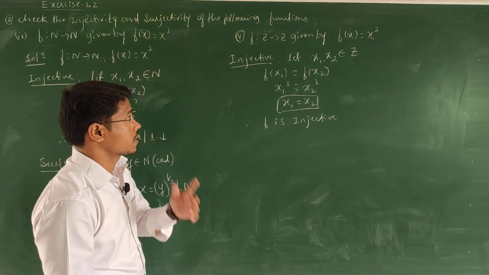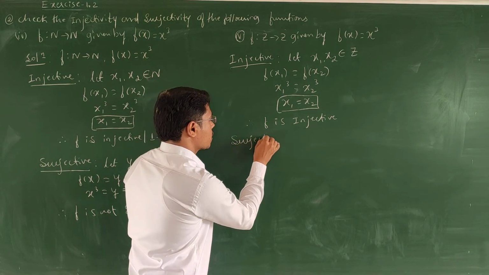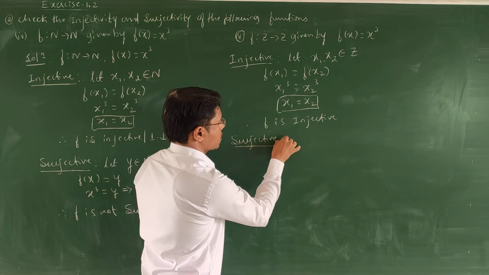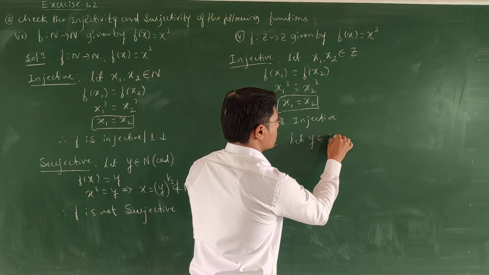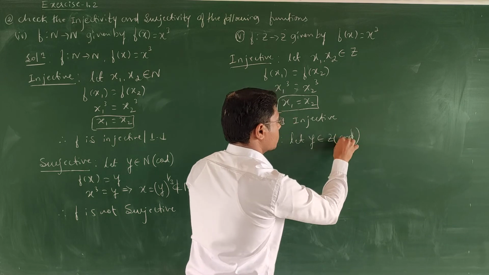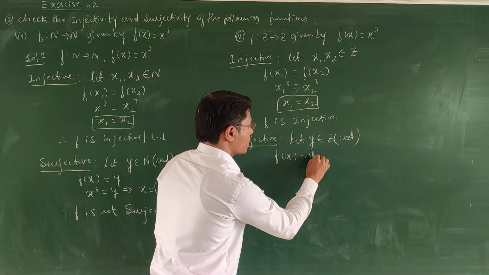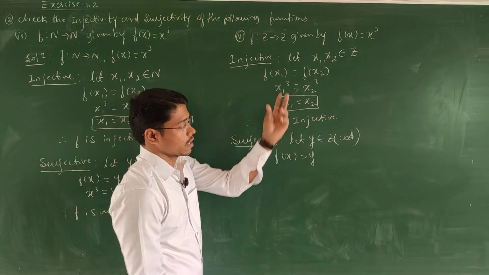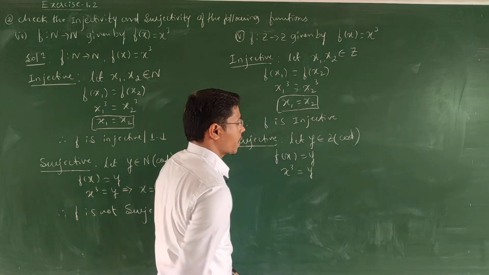Okay, next surjective. To check surjective, let us consider a number from the codomain set, that is, let y belong to Z, the codomain. f of x equal to y. f of x is x cube, so x cube is equal to y.